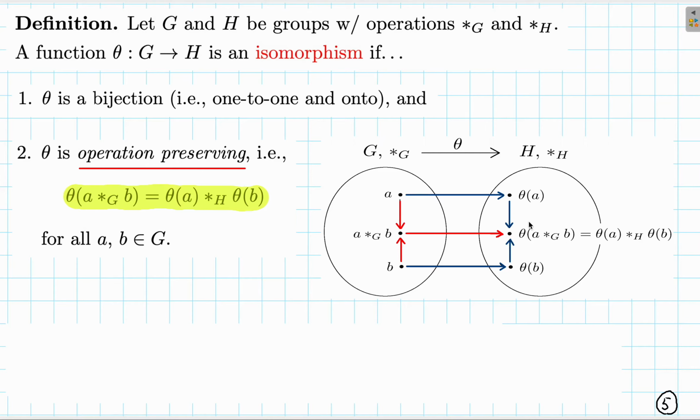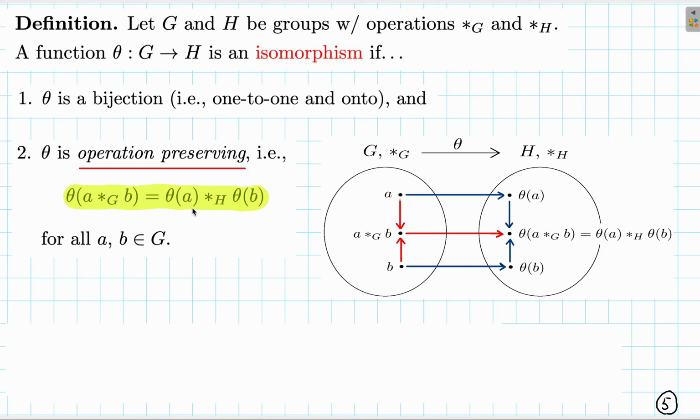That's the expression theta of A times B. Or we can apply theta to them individually and get theta of A and theta of B, and then multiply them inside H. That gives us theta of A times theta of B, where this multiplication is occurring in H. And theta being operation preserving means that those two processes yield the same result. This is a more precise way of saying that multiplication in G, or the operation in G, really feels like the operation inside H.